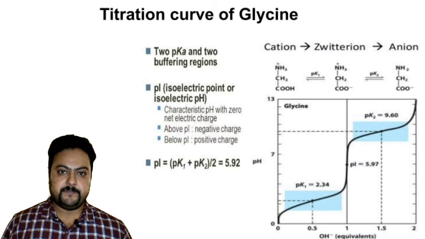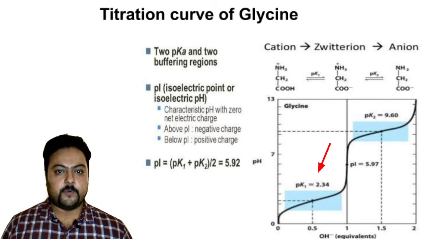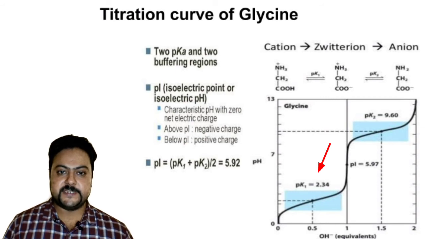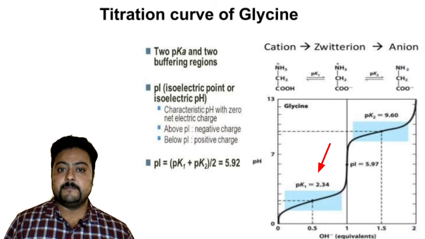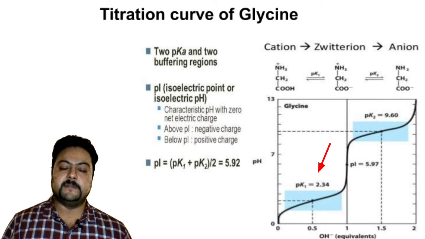So what will happen? Initially, in a region where pH is around 2.34, an acidic pH region, whenever we increase the concentration of alkali, there will not be a dominant shift in pH. This region I indicated in blue is one buffering region, denoted by a value called pKa.